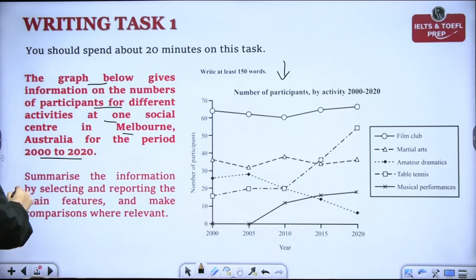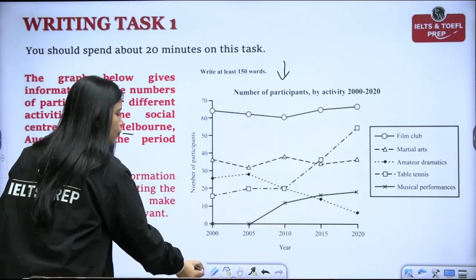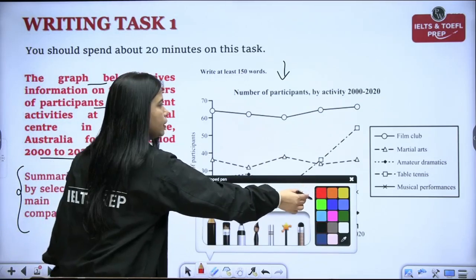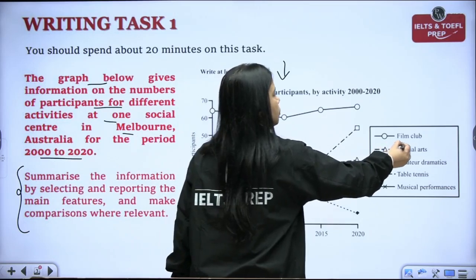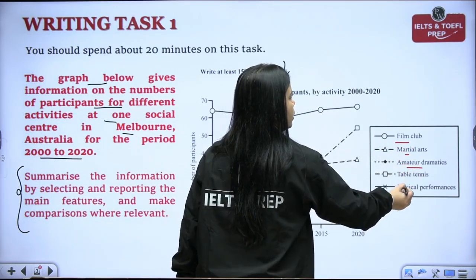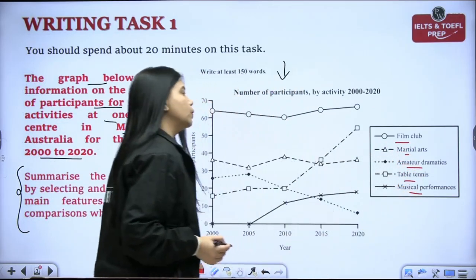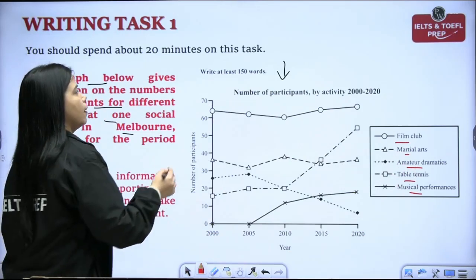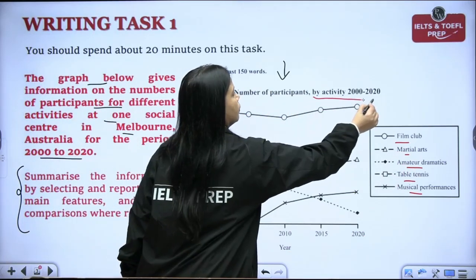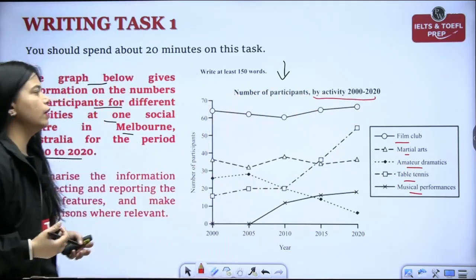Summarize the information by selecting and reporting the main features and make comparisons where relevant. So basically आपको different activities दी हुई हैं यहाँ पे. कौन सी activities? You have got film club, martial arts, amateur dramatics, table tennis and musical performances. Number of participants by activity 2020 and we clearly have a line graph.